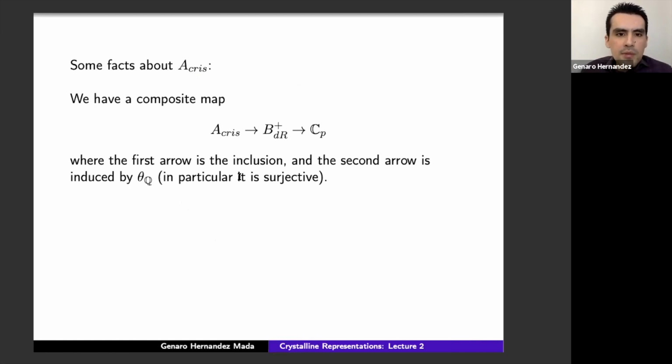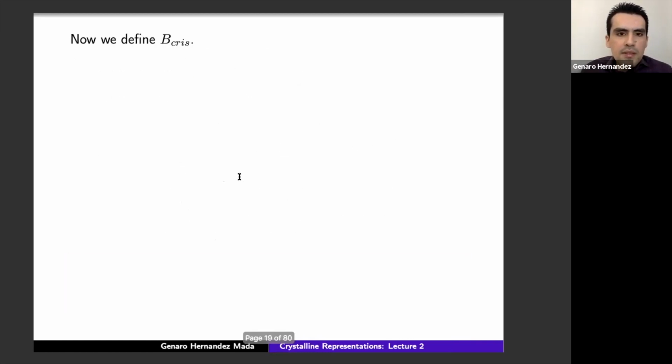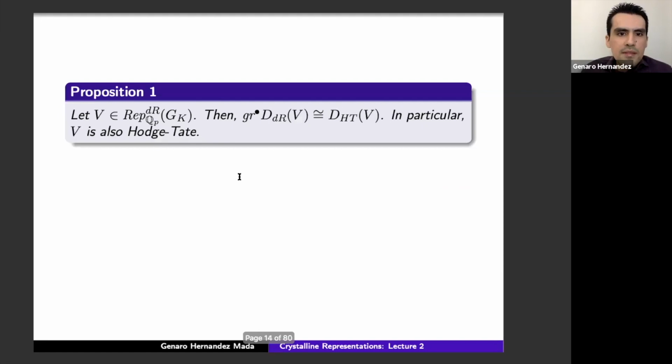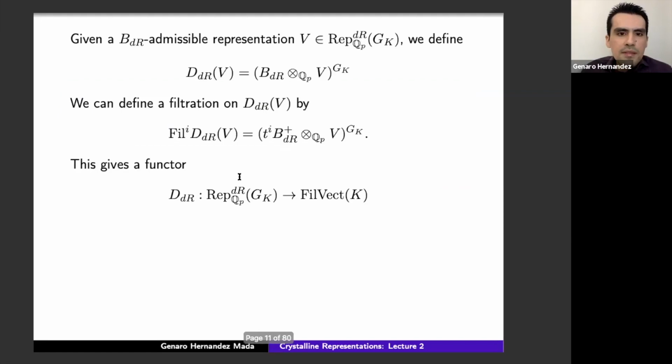My computer is slow. Here. So we define the filtration in the Dieudonné module D dR by using the filtration that we had on B dR. So when we have D Cris instead of D dR, we have the analogous situation.